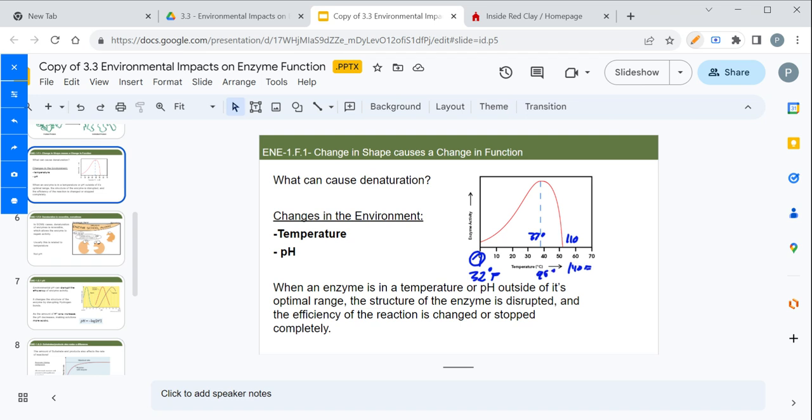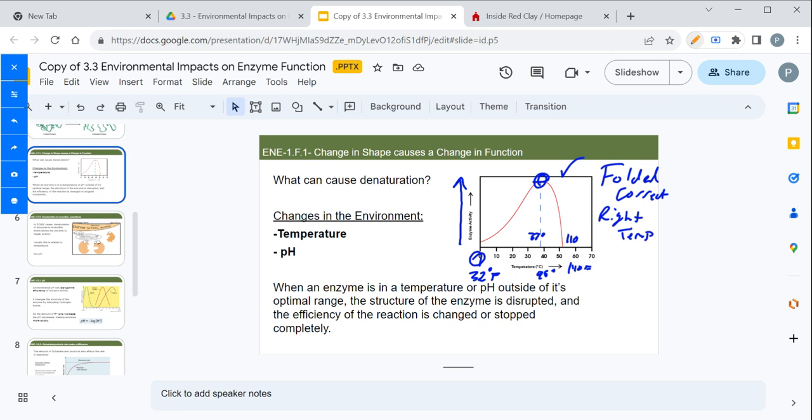So what happens is that the enzyme activity increases as we go up, right? So when you're at 37 degrees, right here, the enzyme is working at its peak performance, right? It is folded correctly. It's the right temperature, so the folds are staying intact.